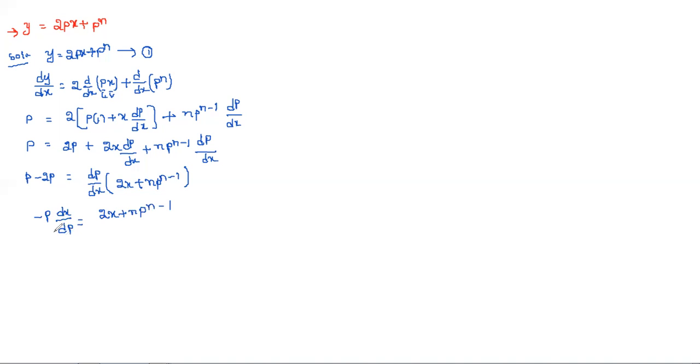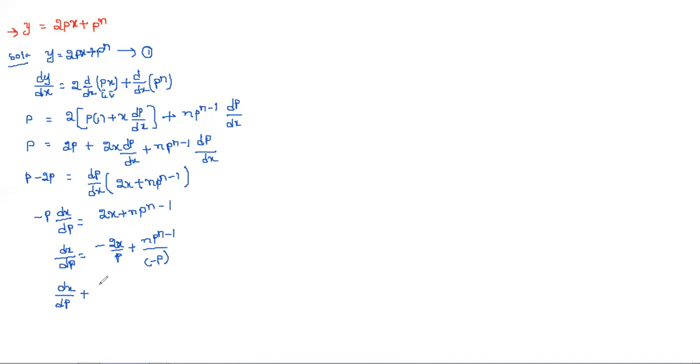Now divide by this minus p on the right side, then dx by dp is equal to minus 2x by p plus n into p power n minus 1 by minus p. So here it is dx by dp, and take this term to the left side.